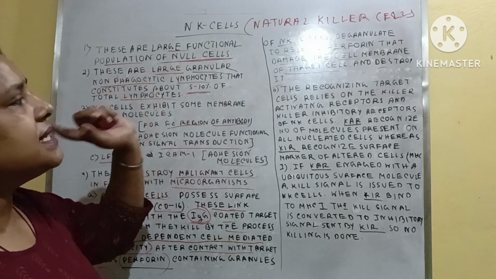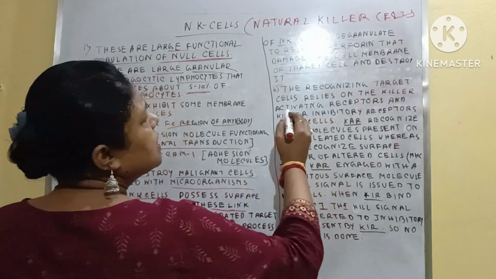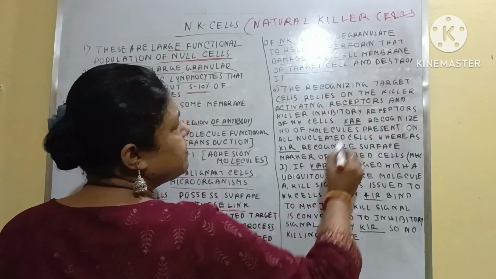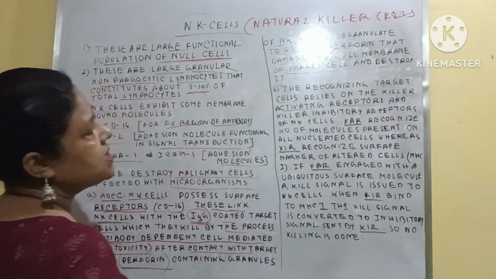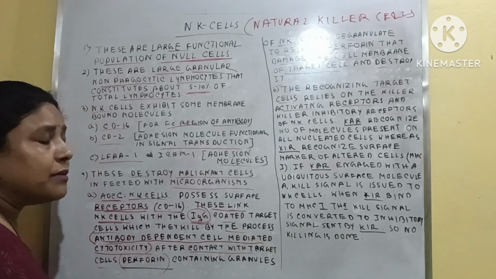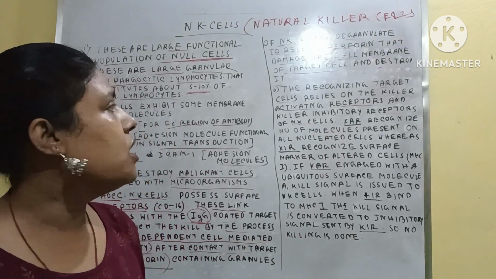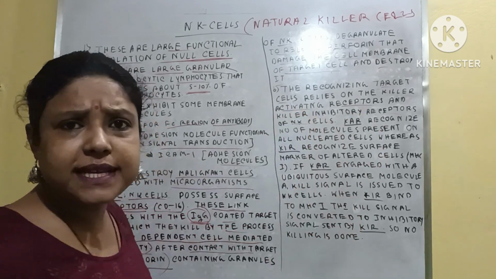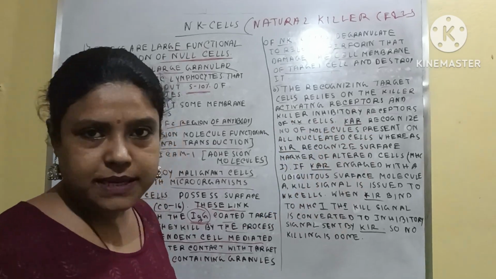The second part is that NK cells recognize the target cells through killer activating receptors and killer inhibitory receptors. That means in the NK cells two kinds of receptors are there. One is the killer activating receptor and another is the killer inhibitory receptor.